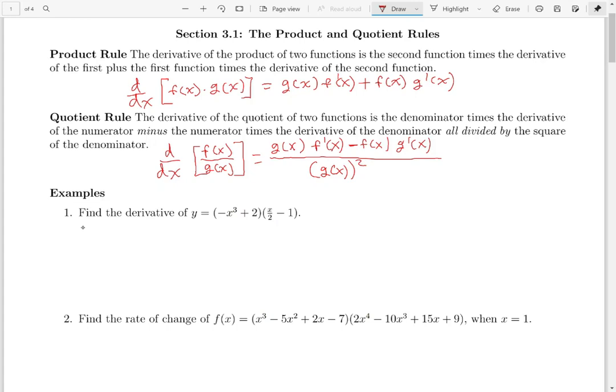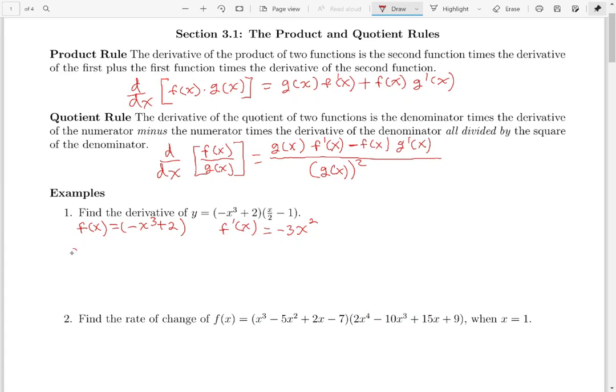So let's define our first function and our second function. The first function, f of x, is negative x cubed plus 2. Let's go ahead and take the derivative of that function, because we know we're going to have to at some point. And so f prime of x is going to be negative 3 x to the 3 minus 1, which is 2, plus the derivative of a constant, which is 0, and so negative 3x squared.